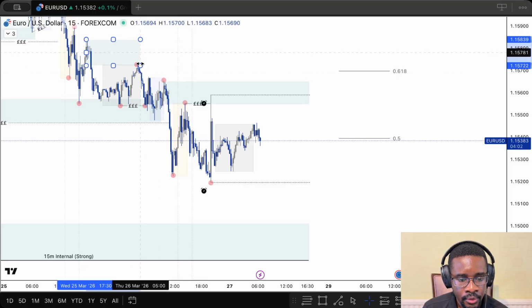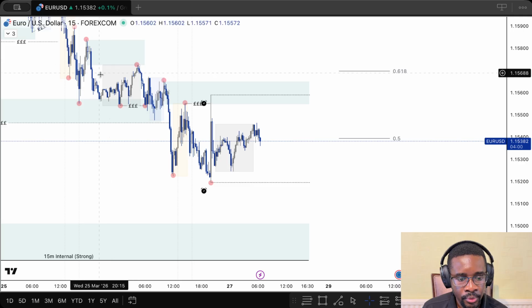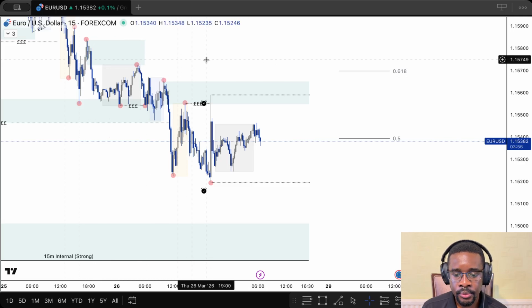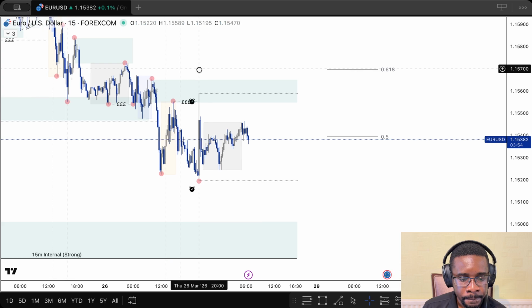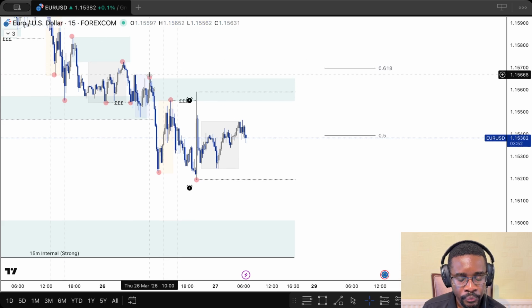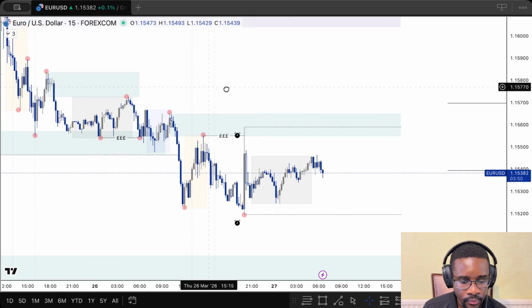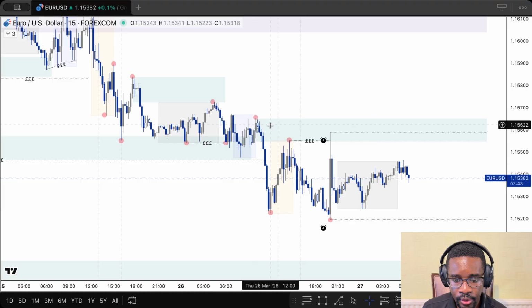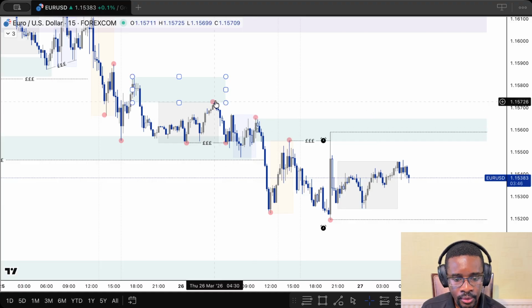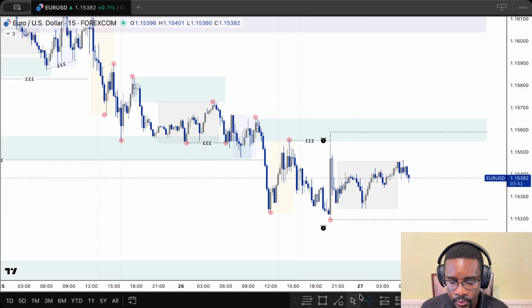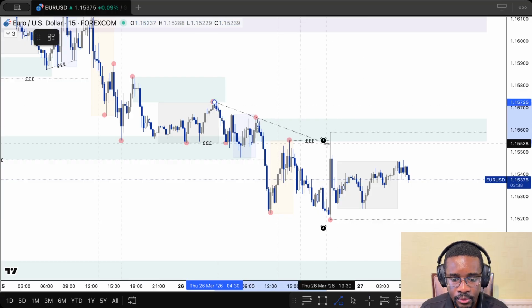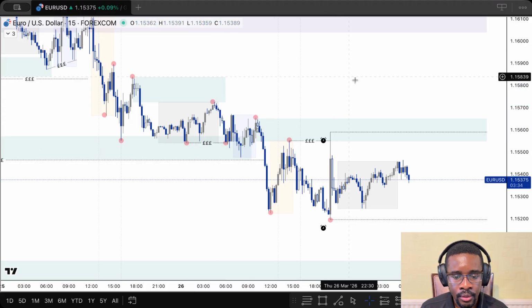So we could say that's already been mitigated as well. Though we do still have an imbalance at the top. Okay. So do we have any trend line? Let's see. Not quite. Okay, so nothing there.